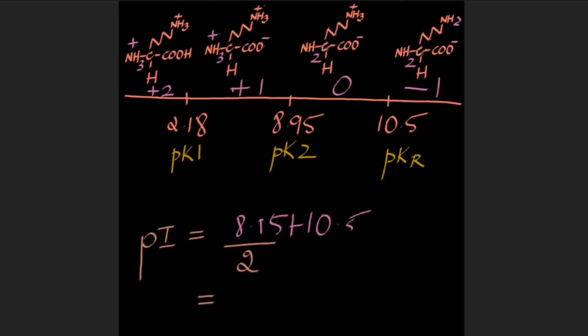So when I take the average, it's going to be 8.95 plus 10.5 divided by 2, which will give us 9.725, right? Oh, this is 5. So approximately 9.7 or 9.8, we can say, right?